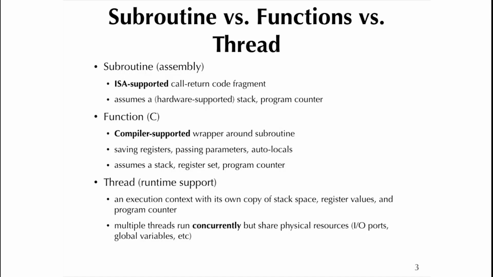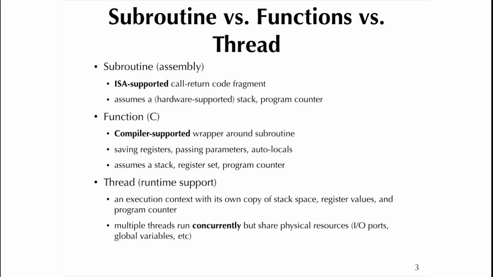Now, threads, on the other hand, are something that requires runtime support. So you can think of functions in C as a compile time abstraction that has a little bit of runtime overhead.